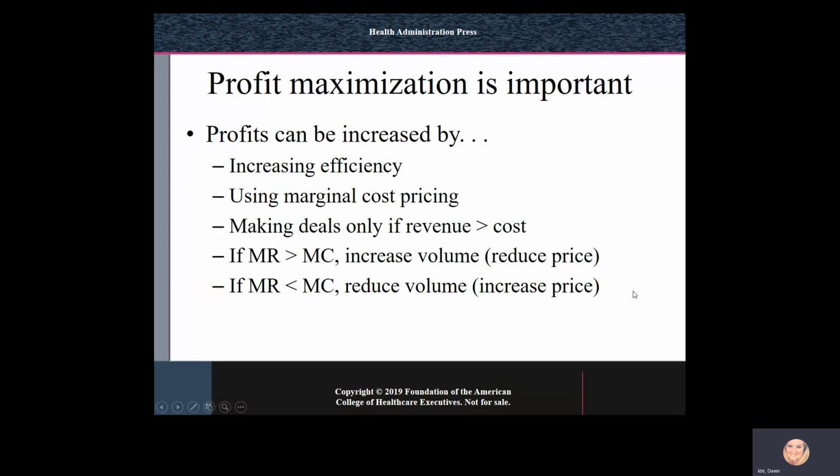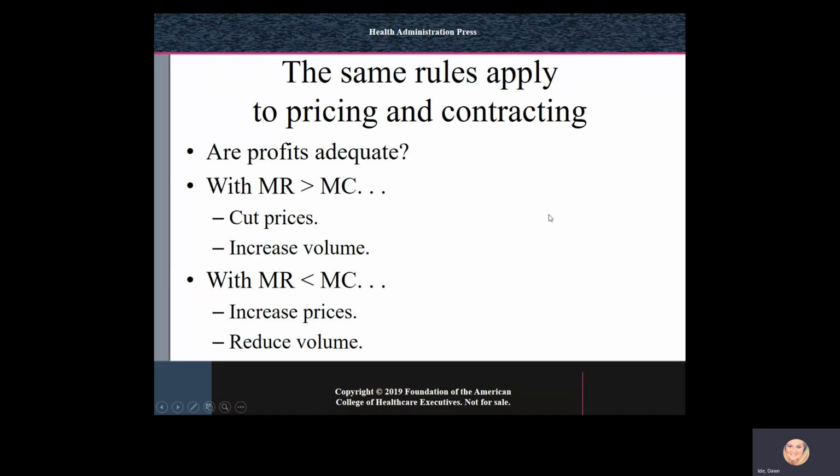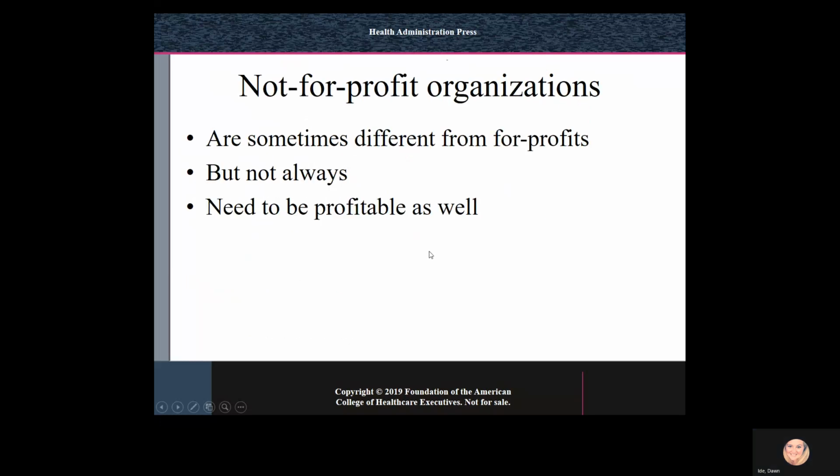So in conclusion, why do we increase profits? For efficiency, for making deals if the revenue is going to be greater than the cost. We do it to reduce price. We do it to increase volume. We do it to make sure we make money. We do it to make sure that we have the volume and the price and the people and that everybody wants to show up.